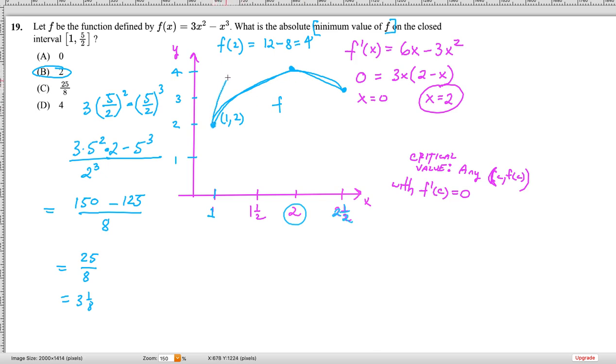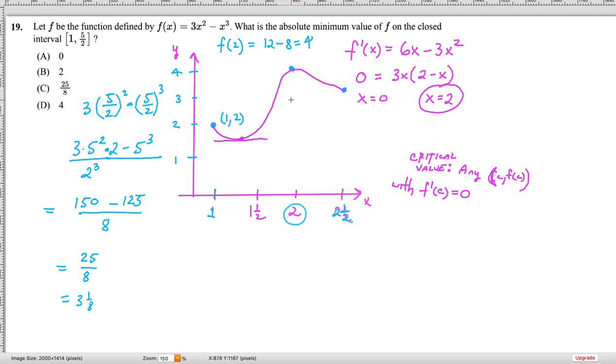Now, how did I know f didn't go like this? So let's actually go through this again. How do I know f looked like how I sketched it? How did I know f didn't look like this, for example, in which case this would be the minimum value? Well, because then there'd be another value where the slope of the tangent line would be 0, and there'd be another x value making the derivative equal 0 here.